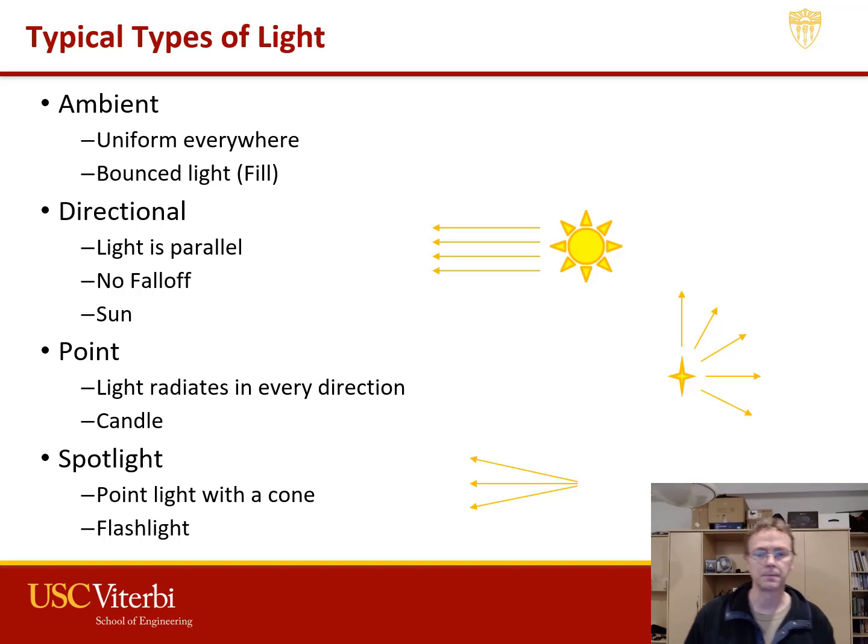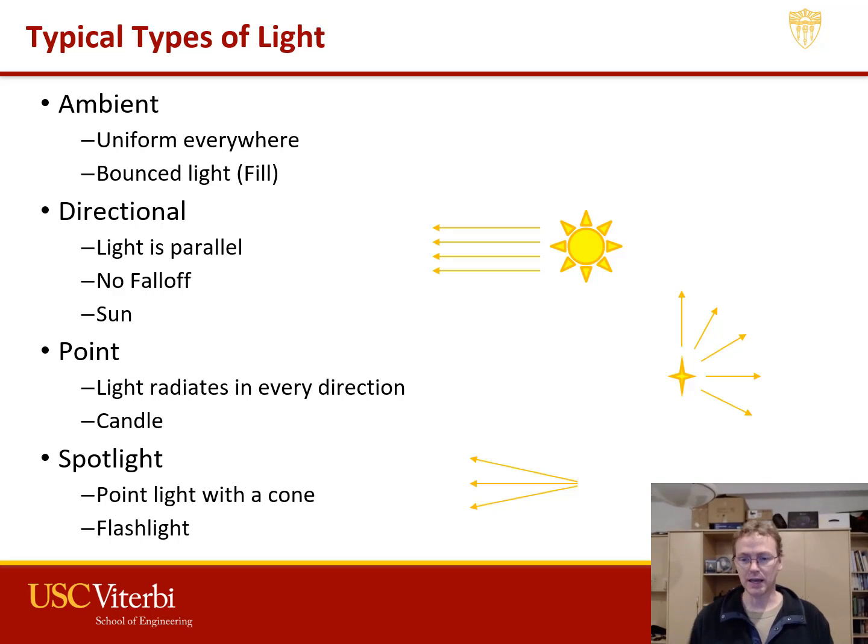Okay, so that's ambient. Next up on the complexity tree is the directional light. A directional light does have direction, but does not have location. We would use this for example, the sun. The sun is very, very far away.